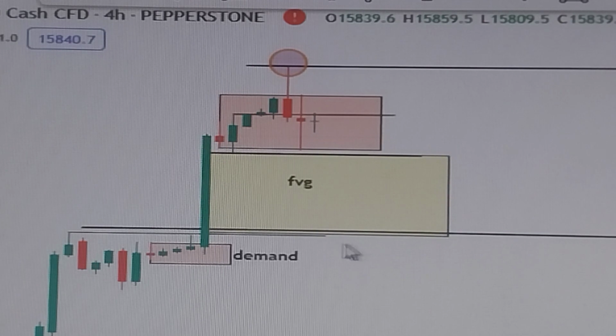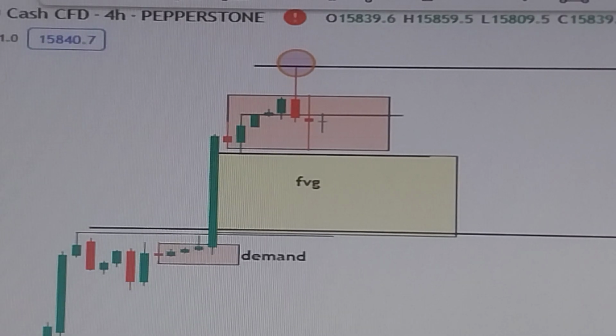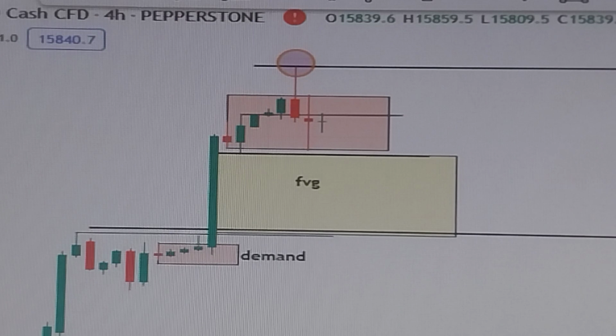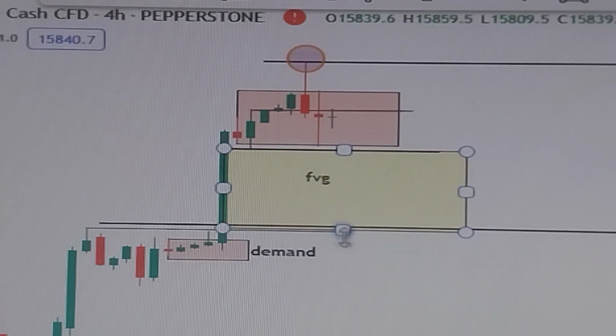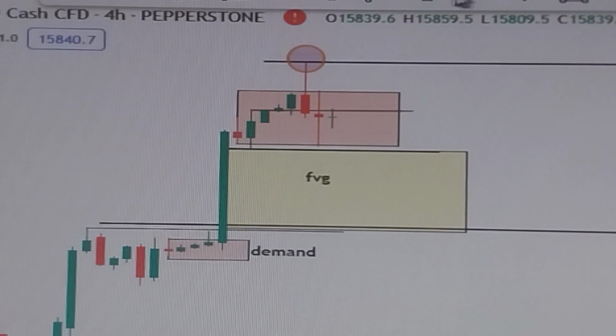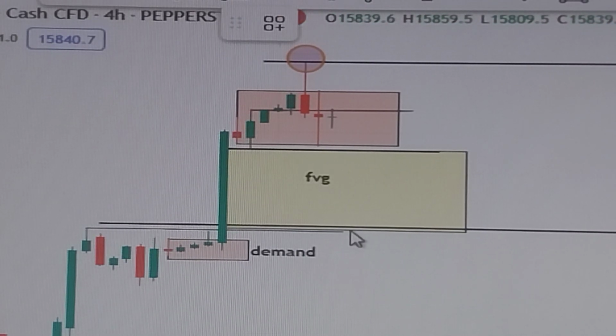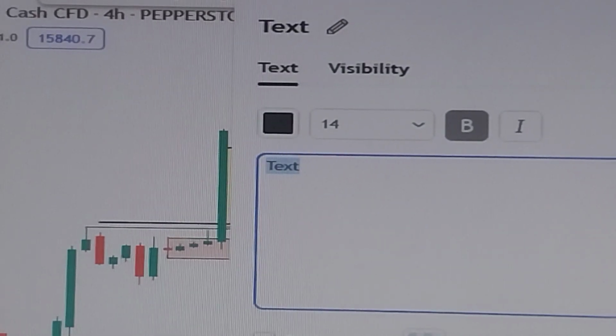So in these things, we look at areas like this, and we try to analyze the market in this kind of sense. So we have identified our order block, which is this zone here, which is our breaker block. So our breaker block is on this zone above our demand zone.